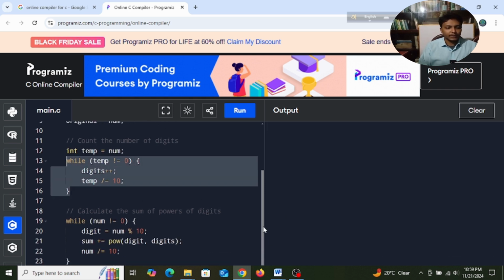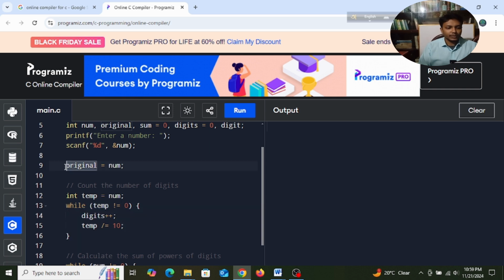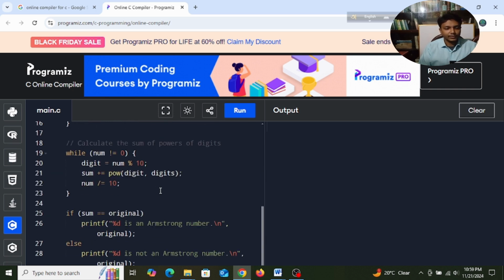This is why we stored the number in original. Original is not distorted. Original is original till now, right? So if sum equals original, okay, original is 153, and if sum is also equal to 153, then we can say this is an Armstrong number. Else this is not an Armstrong number.